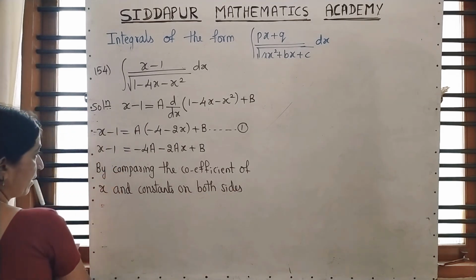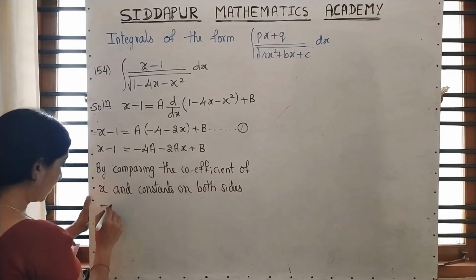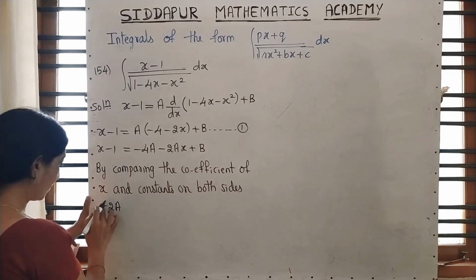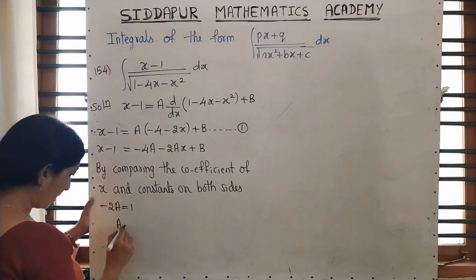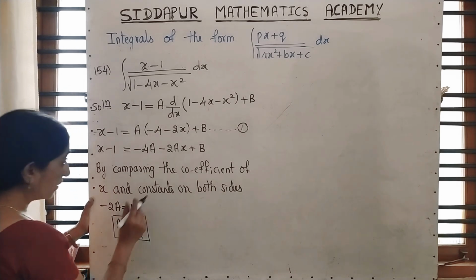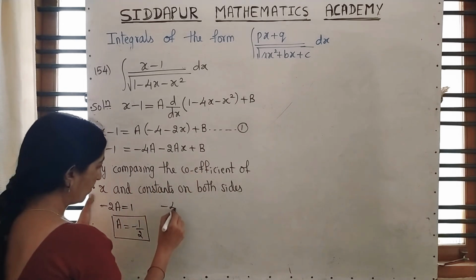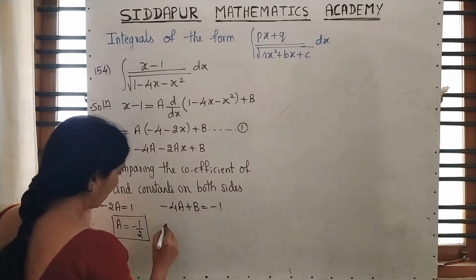Coefficient of x is minus 2a, here it is minus 2a is equal to, here x coefficient is 1. A is equal to minus 1 by 2. The term without x, minus 4a plus b is equal to minus 1.